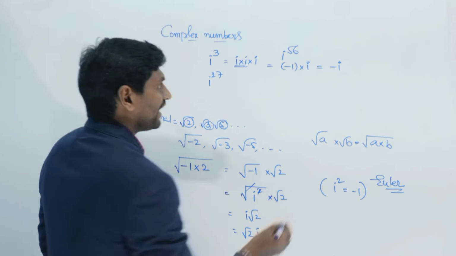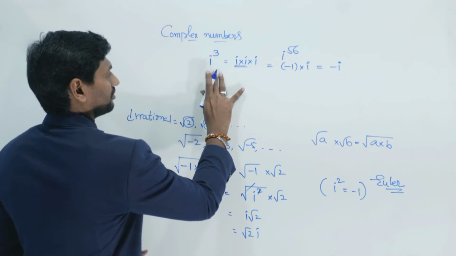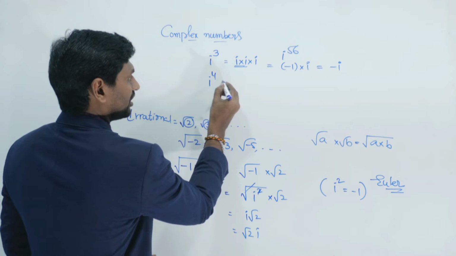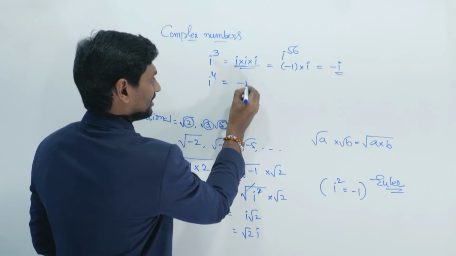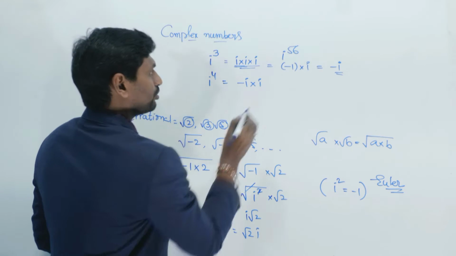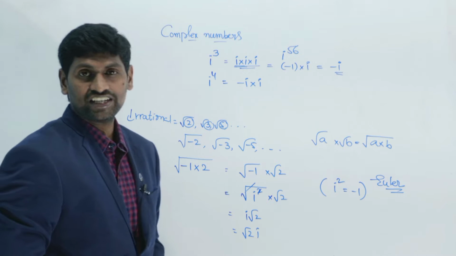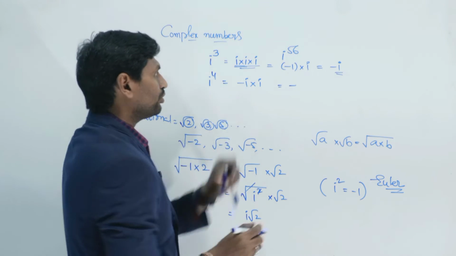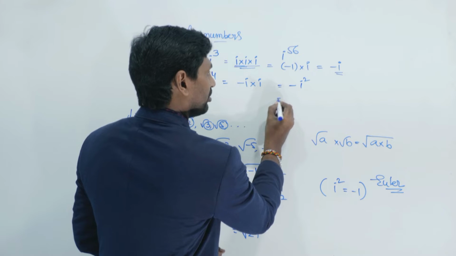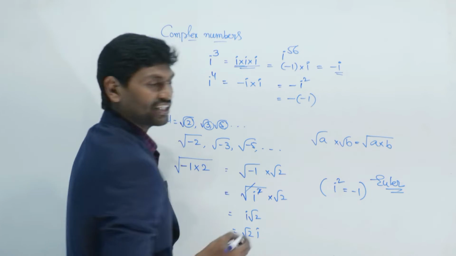And the i power 4 value? i power 4 means, up to i cube we got minus i, into i. Minus i into i is minus i square, and we already know i square value is minus 1.